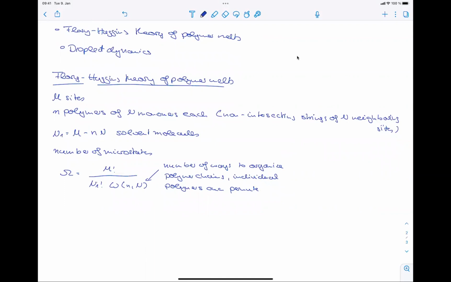And so since these individual polymers can commute, we expect that, given that we have n polymers, this factor looks like small n factorial times the correction that then depends on how I can put down these N monomers on the lattice. That's already a little bit of an approximation. But it sort of takes care of this permutation.